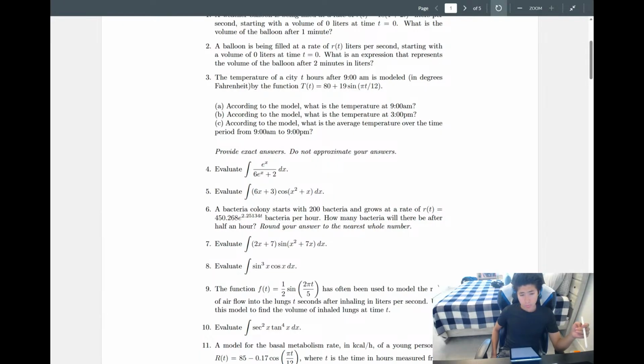Hold on, I might be onto something though. I have a feeling that I should do 1 over 12 minus 0 times the integral from 0 to 12 of big T of t dt. I have a feeling they want me to do that.